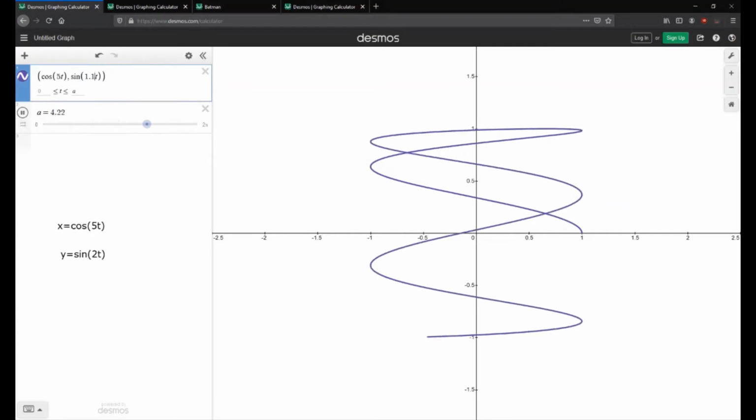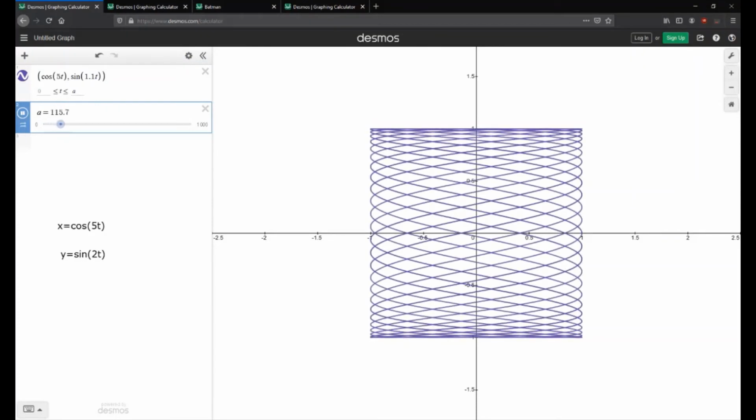Let me have this go out a little bit further than 2 times pi. Let's go out to something higher. So here is another curve that I've got from graphing a parametric equation. Or I could use an irrational number instead of a fraction.